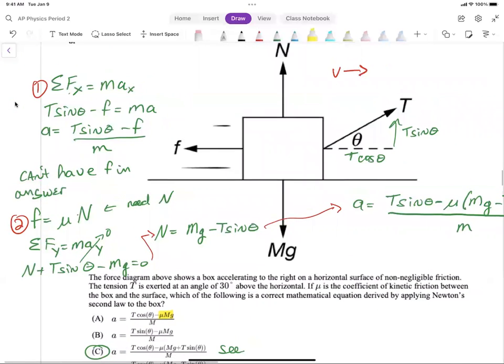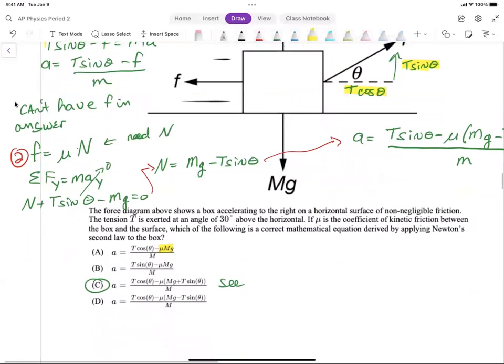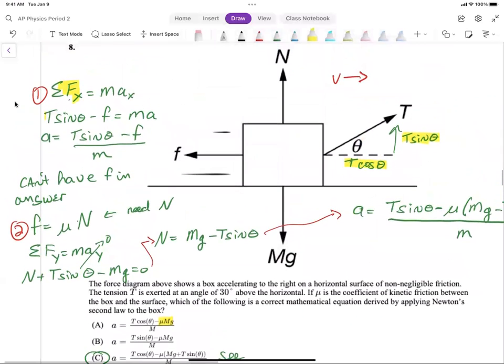So step one is, since I'm looking for acceleration, I might as well sum in the x direction because that's where acceleration is occurring. Actually, step one is to come over here and break that tension force into components. You'll look down into this answer. I see some sines and cosines and I see T. So I'm on the right track.